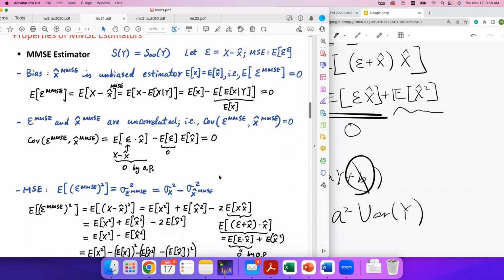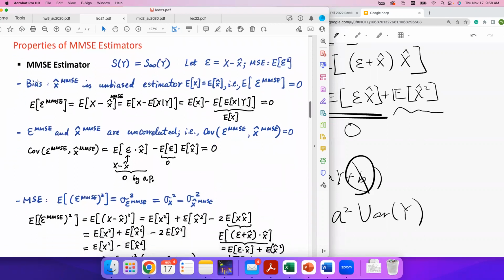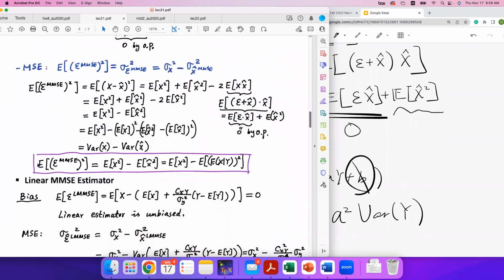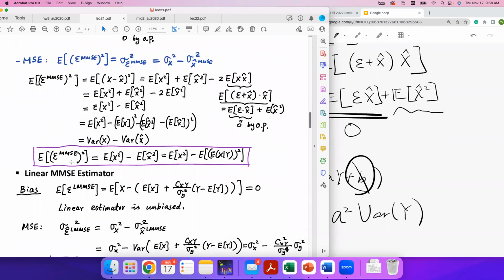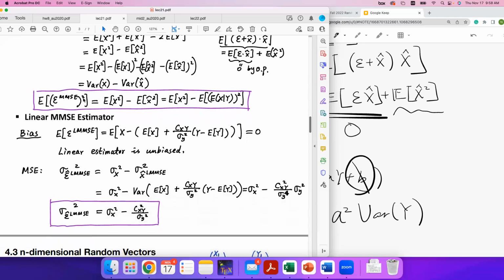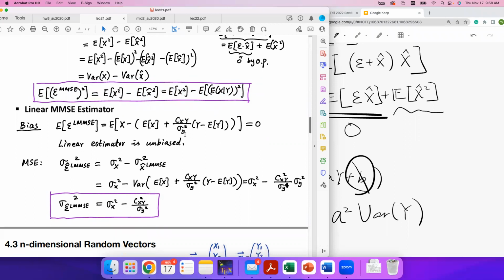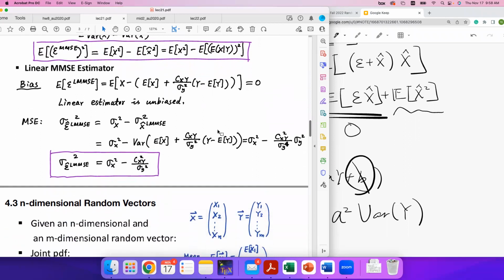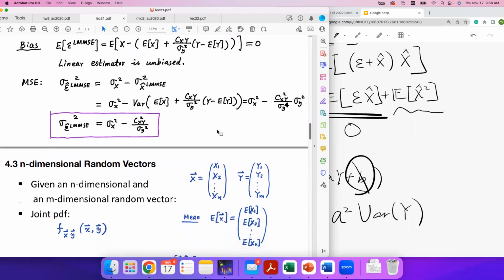We know that both the MMSE and the linear MMSE estimators are unbiased, and their mean square error is given by these formulas. So this is everything about minimum mean square estimation.